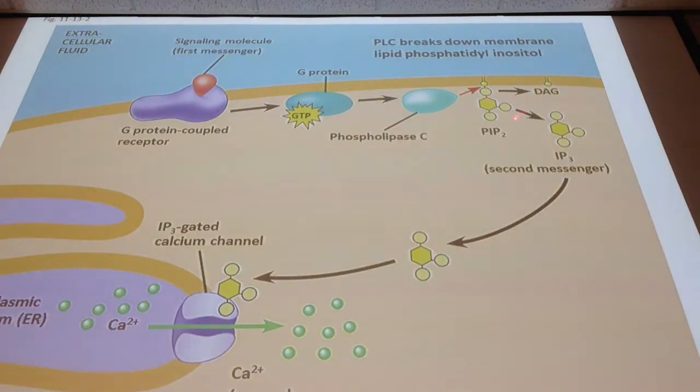So in this case, you have yet another divergent crosstalk. DAG would lead to one path, and IP3 leads to a different path. When we talk about divergent crosstalk, there are two different ways to view it. One, let's say at the level of the G protein, a cell has a choice.